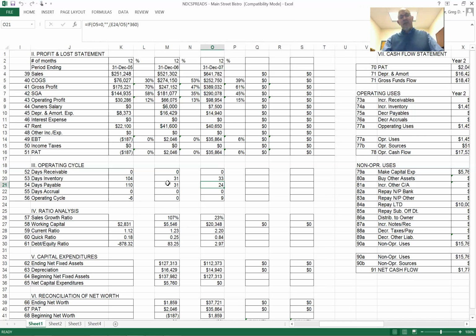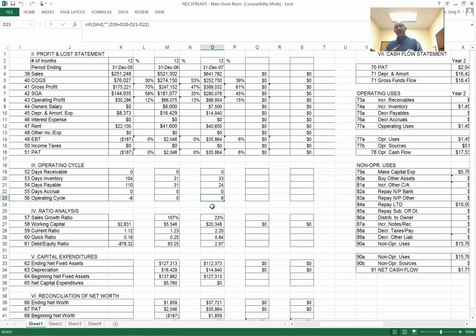Now, what does operating cycle mean? Operating cycle is the number of days it takes to turn a dollar that goes into the business to return with a profit. So in this case, it takes about 9 days for us to realize that cash back from the money invested into the business, okay?